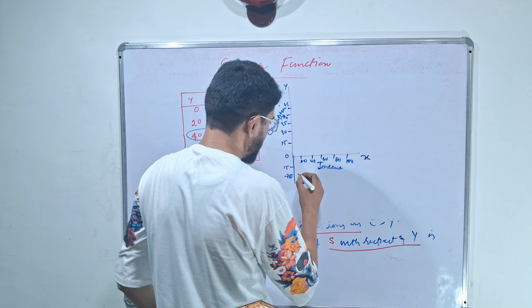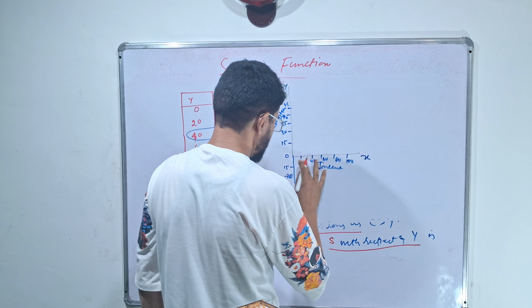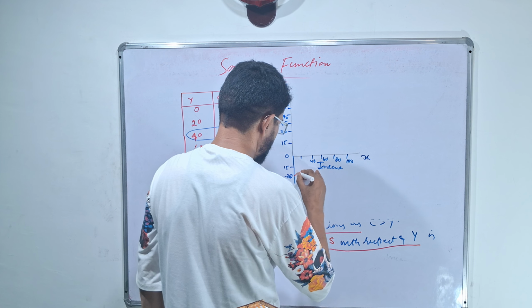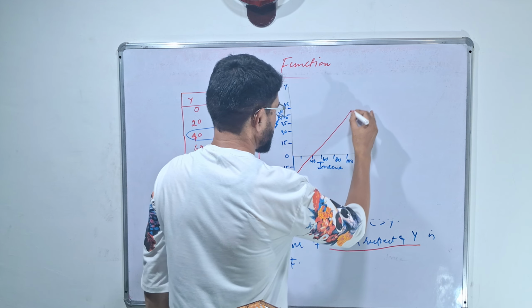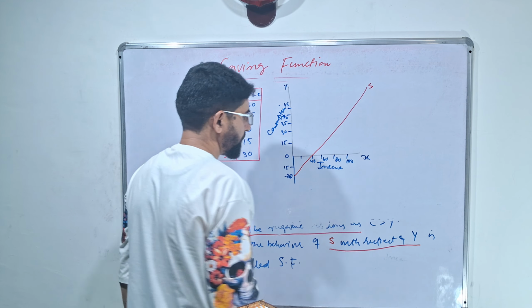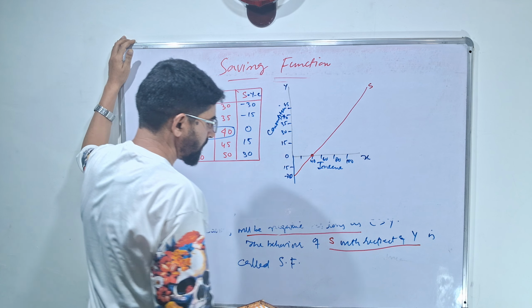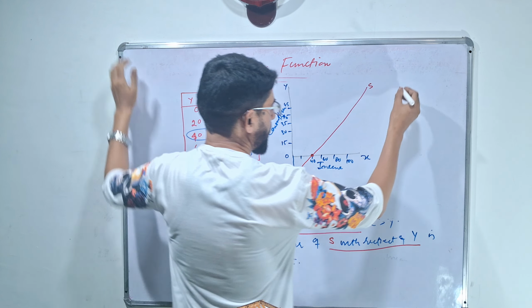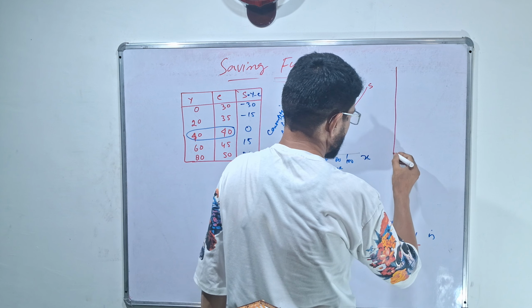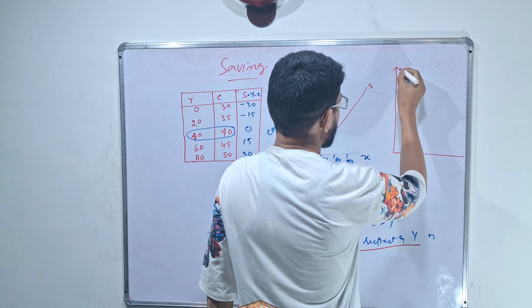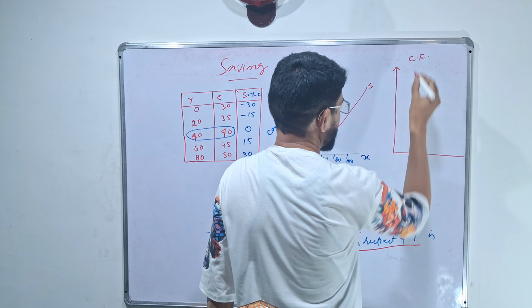Now I will draw the saving curve. This is the saving curve. What does this show us? Just like this, I will draw the consumption curve. This is the consumption function curve.